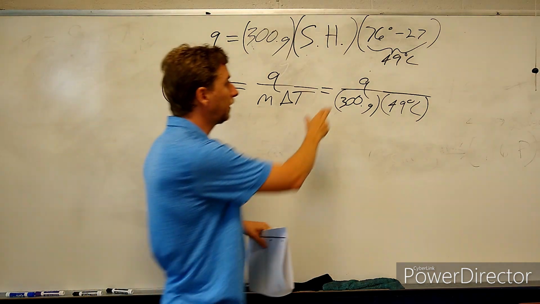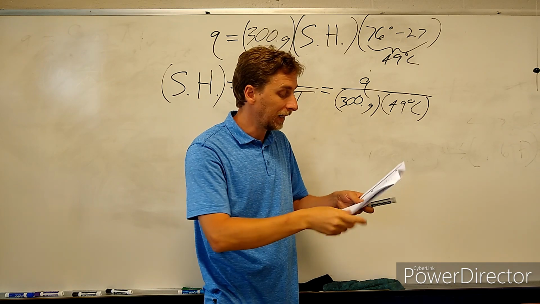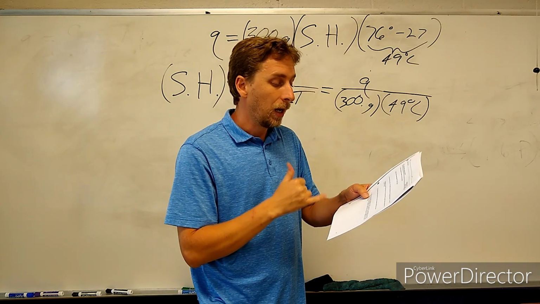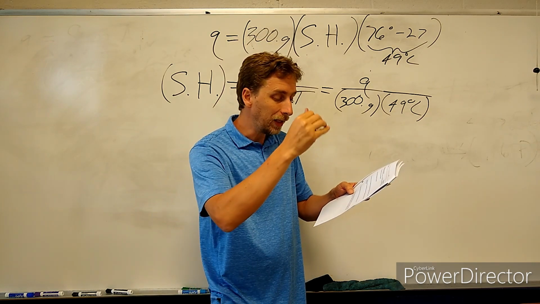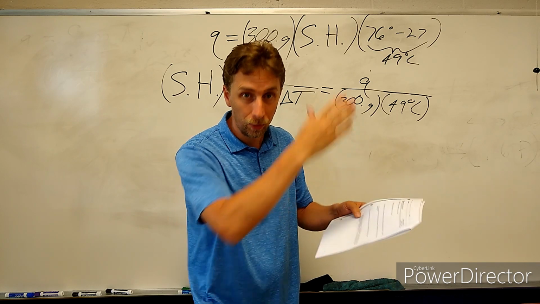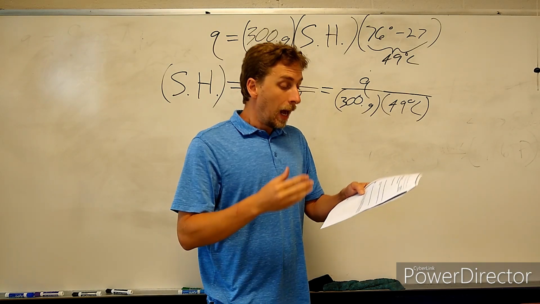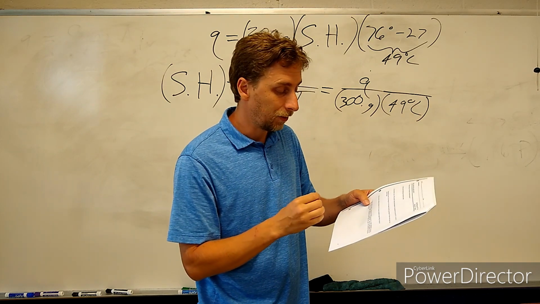Now we need a way to figure out what Q is. What is the heat that was exchanged? Well, it came from the hot glass. You read this problem: a 300-gram sample of glass was at a high temperature of 76 degrees Celsius. And then it was placed into the calorimeter, which we're going to do in the lab with metal samples in a minute. And it was cooled down to 27 degrees Celsius.